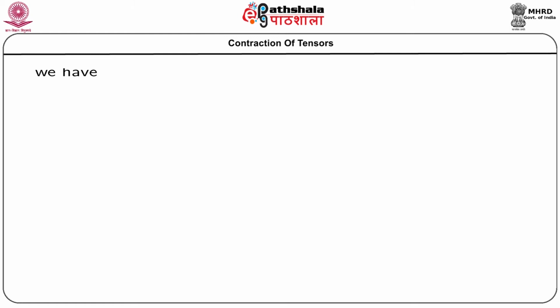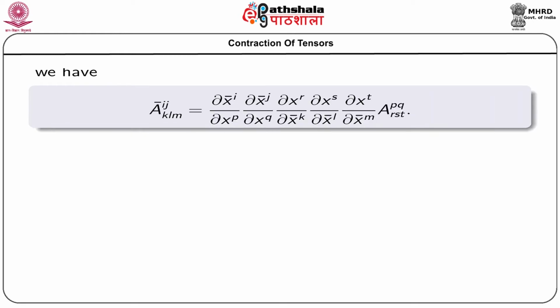For example, let us take a mixed tensor of type (2,3), where the contravariant indices are i, j and the covariant indices are k, l, m. Then by the transformation law of the tensor of type (2,3), we have A bar ij klm equals del x bar i by del x p, del x bar j by del x q, these are for the contravariant part, and del x r by del x bar k, del x s by del x bar l, del x t by del x bar m, these are for the covariant part, with A p q r s t.